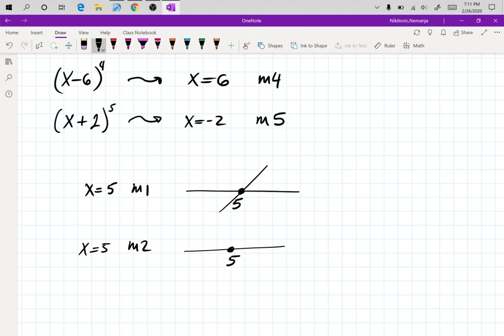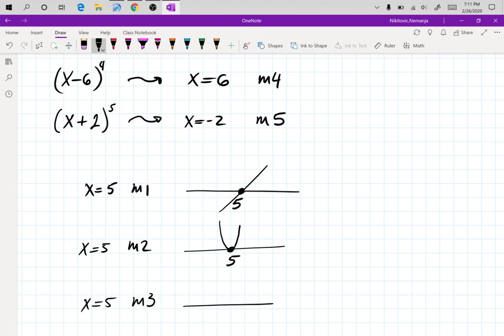Right, because that's what multiplicity is. Two separate roots, but each one is 5. So how does that manifest itself with graphs? It's a bounce, quadratic bounce off of the x-axis.